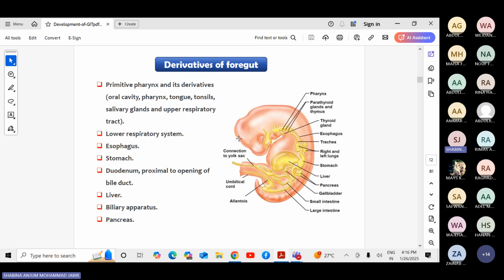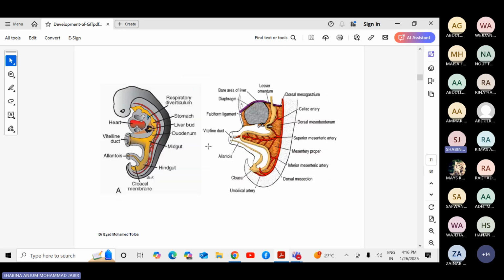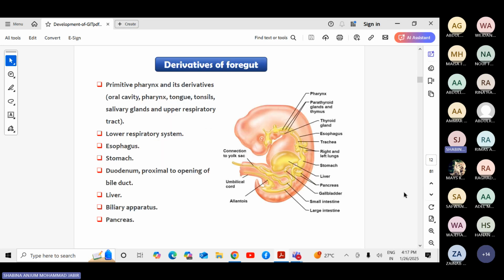If we see carefully, from the foregut there is a development of the respiratory diverticulum, this blue color, which is going to form the lower respiratory tract. Then we have the esophagus, obviously, stomach, duodenum. In the duodenum we have the twist that its upper part, proximal to the opening of the bile duct, will develop from the foregut. Then liver, biliary apparatus, and pancreas.